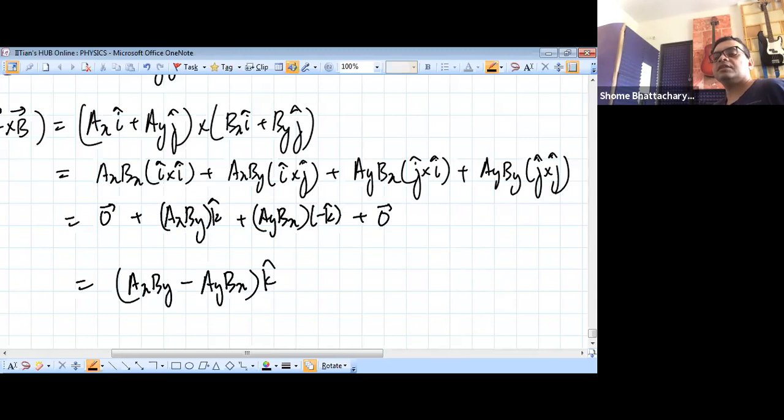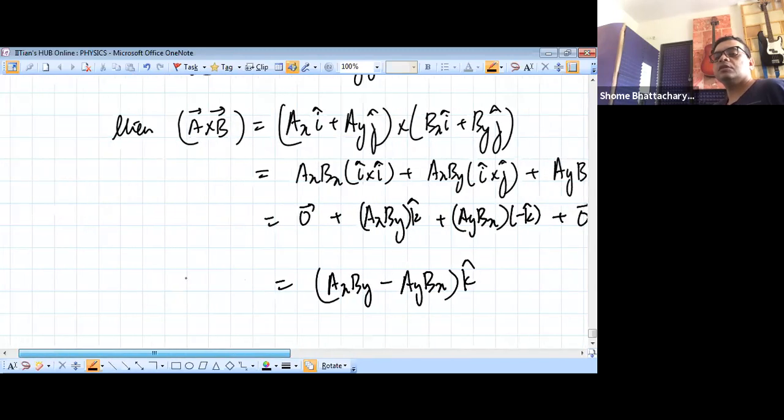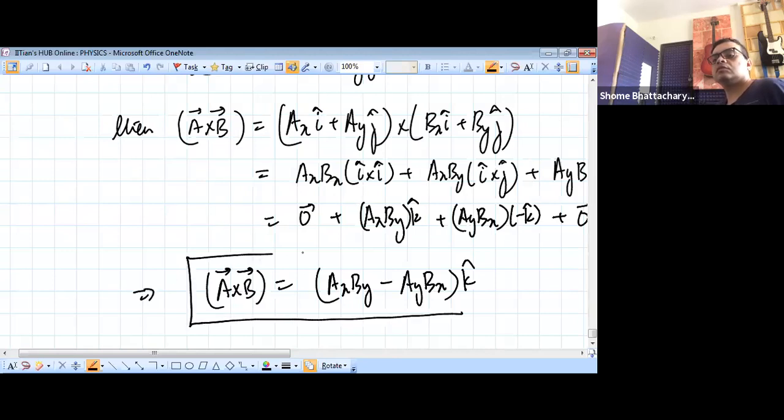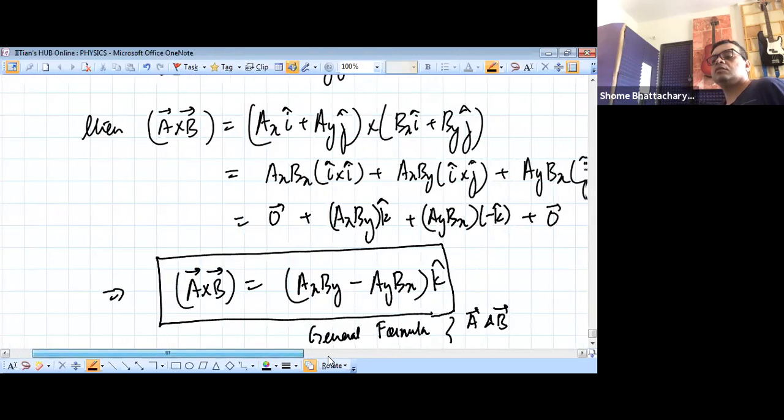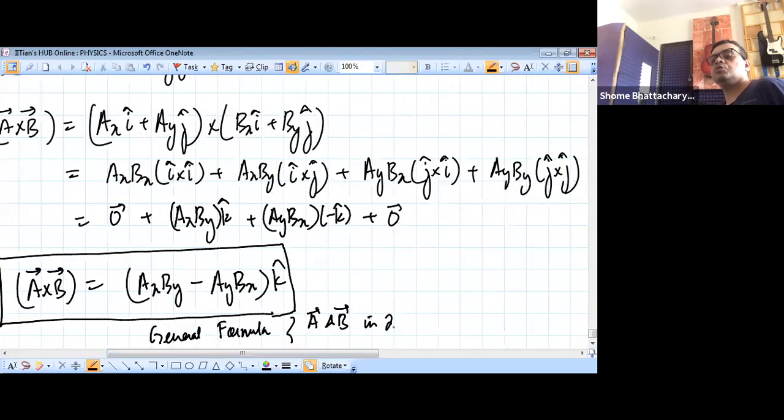So this becomes like a general formula for A cross B when they are in two dimensions. When A and B are in the xy plane, this becomes the formula. This is the general formula for A and B in the two-dimensional xy plane.